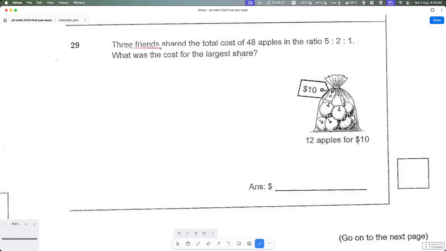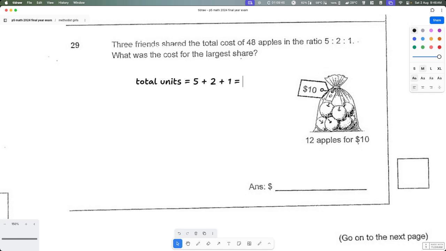Question says, three friends shared a total cost of 48 apples in a ratio 5 is to 2 is to 1. What was the cost for the largest share? So in this case, we have total units equal to 5 plus 2 plus 1, which is 8 units.